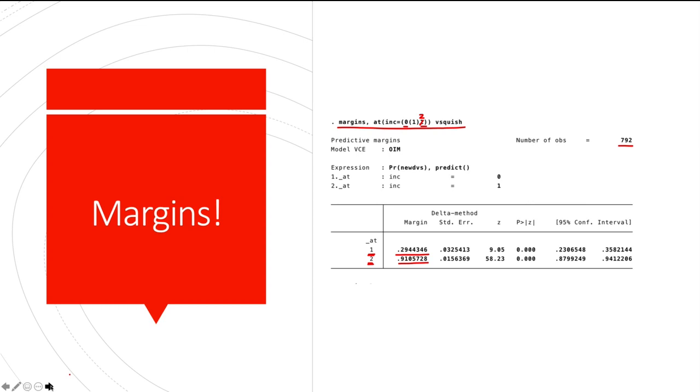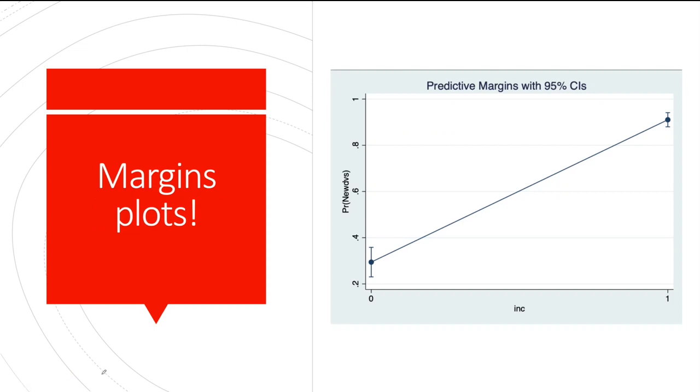Let's go a step further and let's make a little plot, okay? In this case, we've got incumbency right here on this axis, and this right here tells me my prediction when incumbency is at 0, and in this case, it's just telling me up to 1. So when incumbency goes to 1, we expect that. And it's going to give me the probability or the likelihood of new DVs.